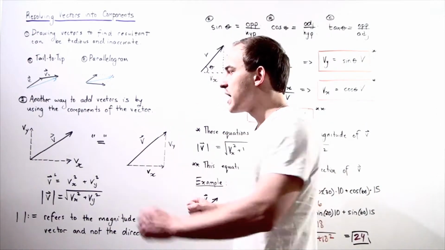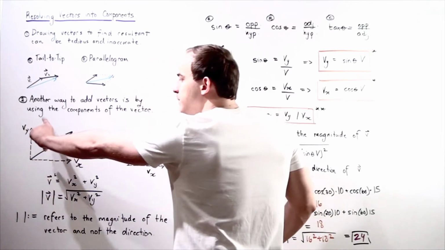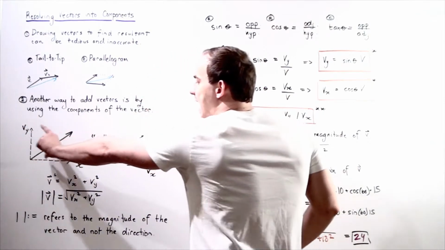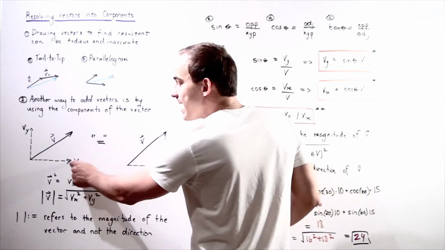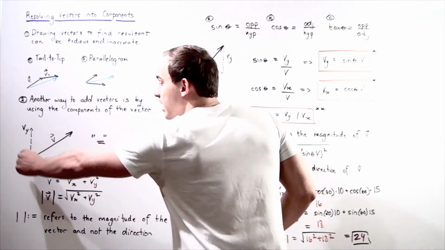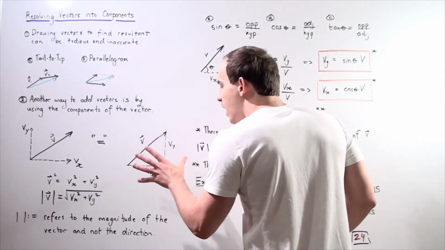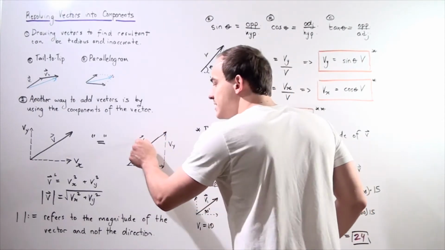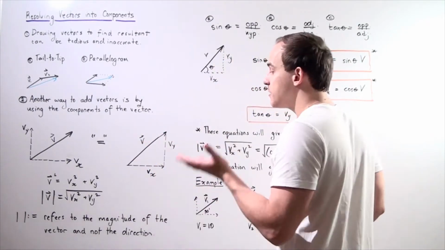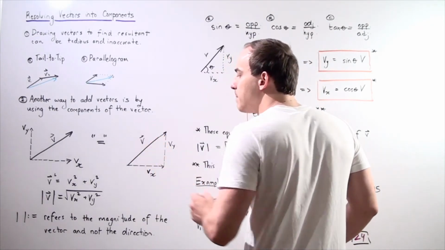If I take this vector component vy and shift it over along my x-axis to this point and connect my vx tip and the tip of my original vector v, I get a triangle. Now I can use a squared plus b squared equals c squared, the Pythagorean theorem, to find my final v vector magnitude.